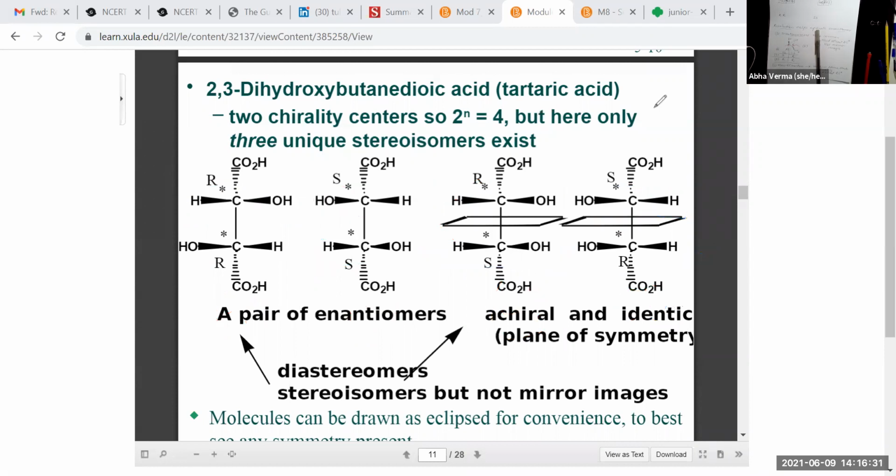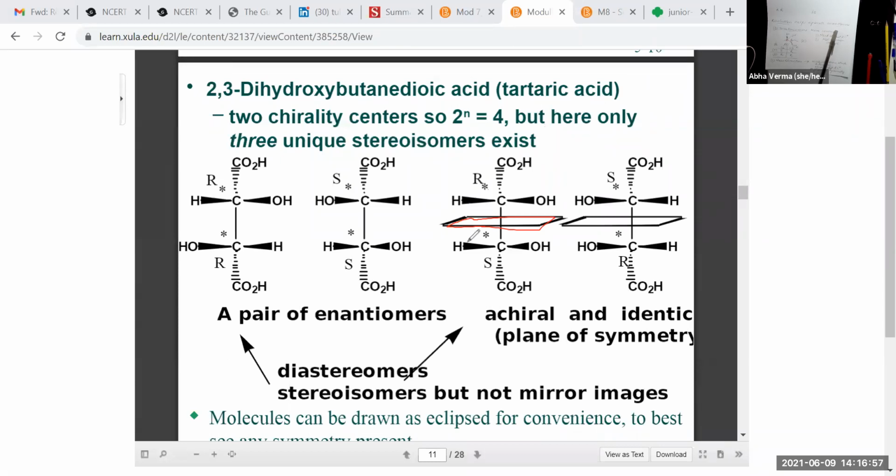Unfortunately, for 2 of them, there exists an internal symmetry or plane or point of symmetry. Okay, so within the same structure, I have a point or plane of symmetry, and this is what causes a meso structure to happen.